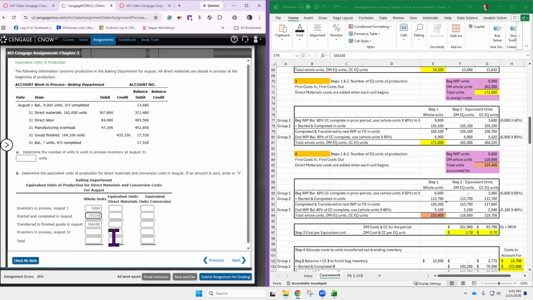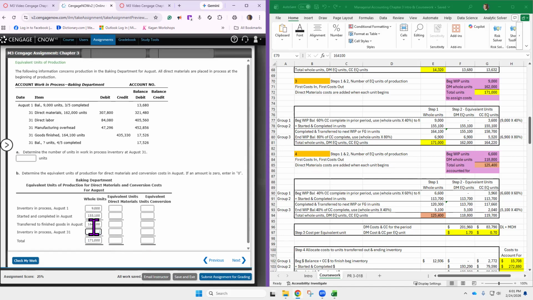So then we can do a total here. Total equals what we just found, 171,000. Now we can back into the inventory in process.